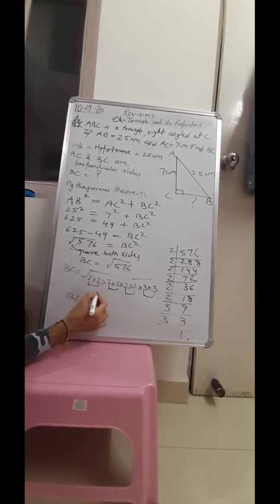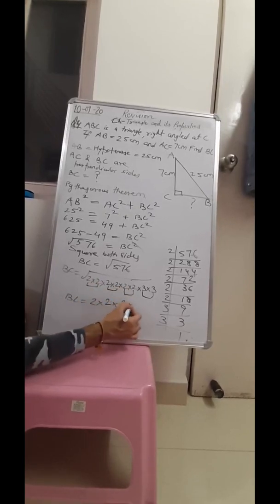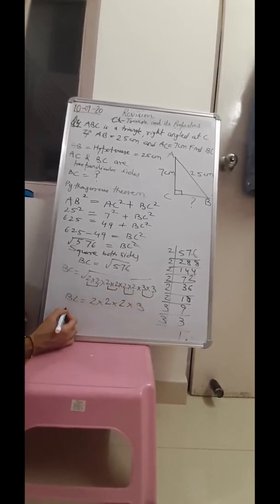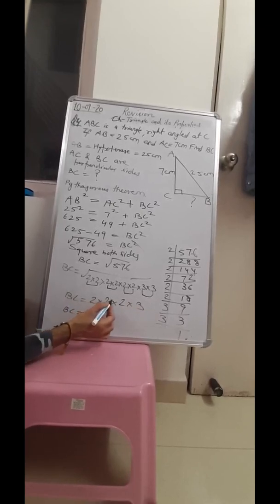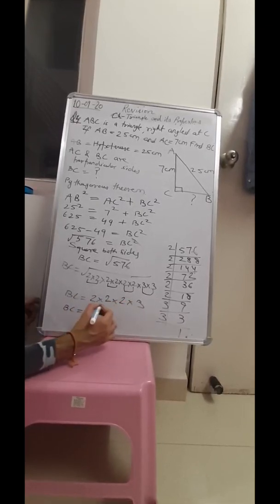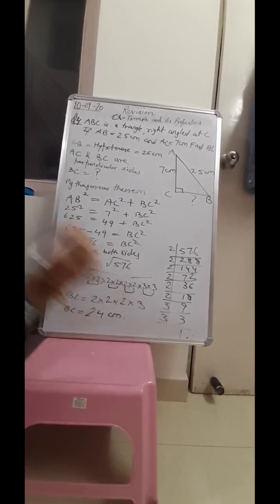From each pair one number will come out. From this pair 2, this pair again 2, from this pair again 2, from this pair 3. So multiply them and you will get the measurement of BC, that is 2 into 2 is 4, 4 into 2 is 8, 8 into 3 is 24. So BC will be 24 centimeters.